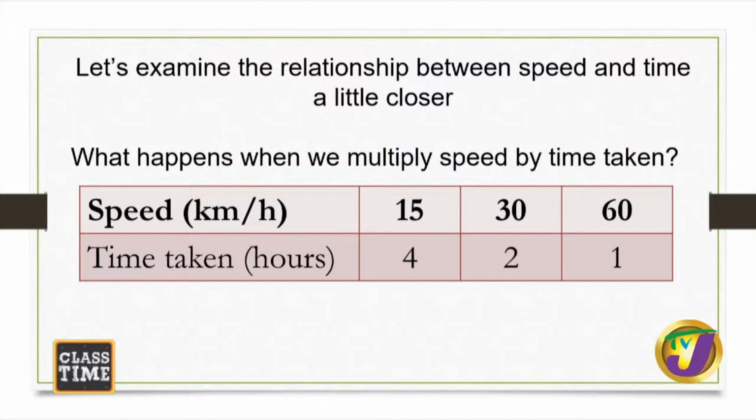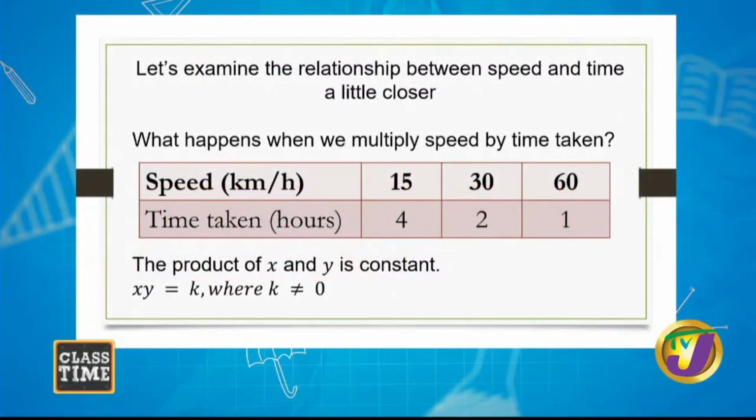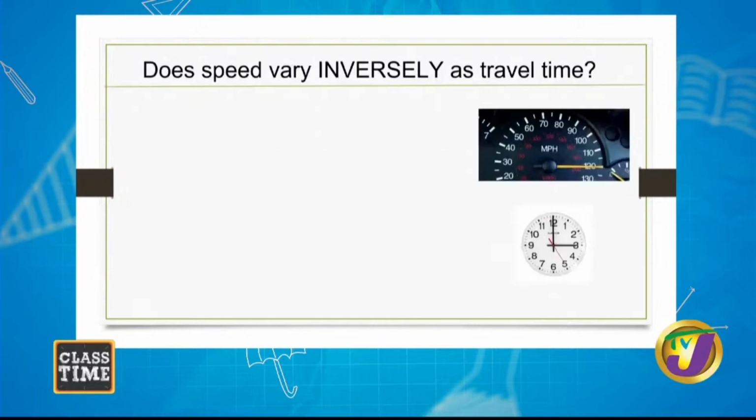So their product remains constant. X multiplied by y will equal the constant k, and k, of course, will not equal zero. In our case, our k value was 60.